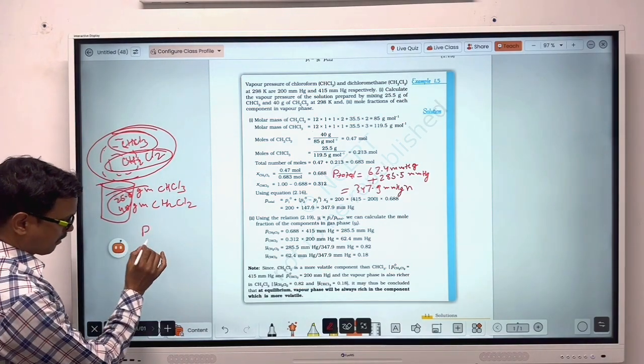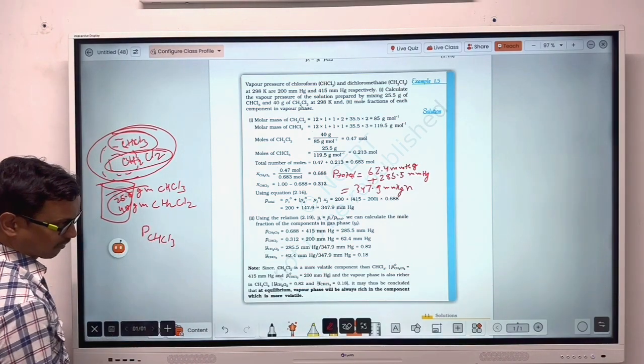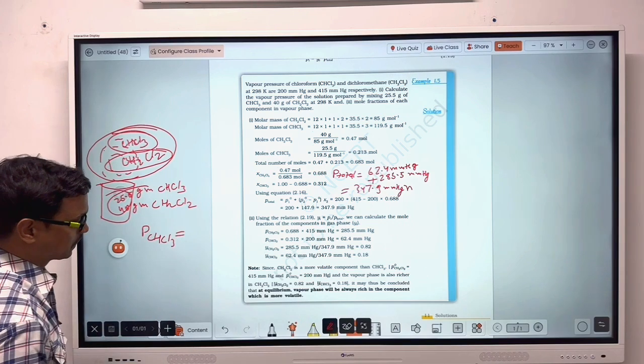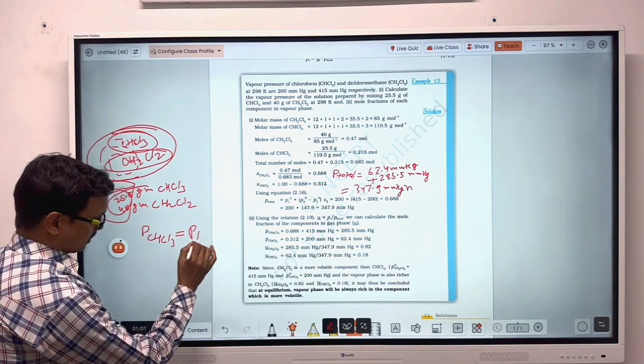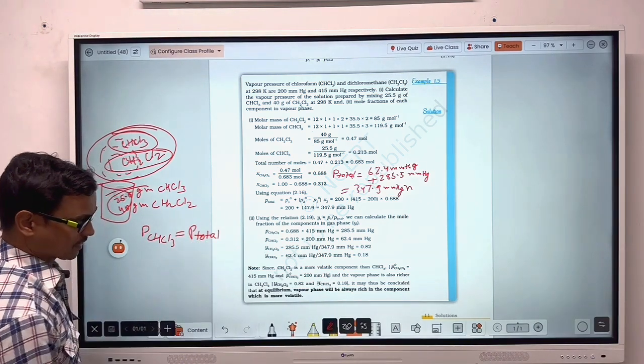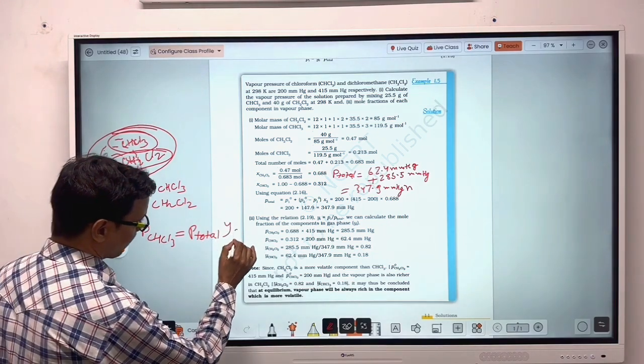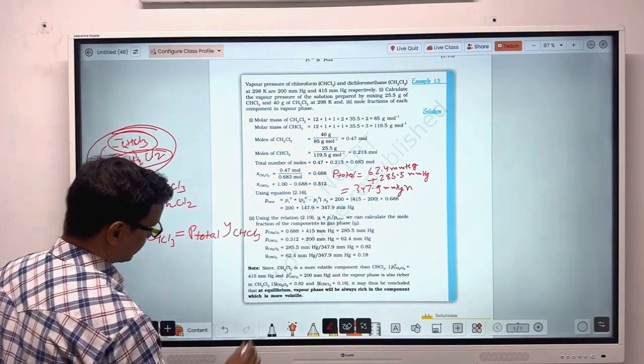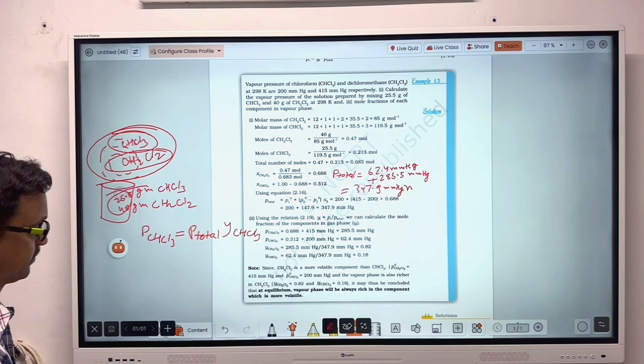So we know that the partial vapor pressure of chloroform will be equal to P total, that means total vapor pressure over the solution, into mole fraction of chloroform in the vapor phase.